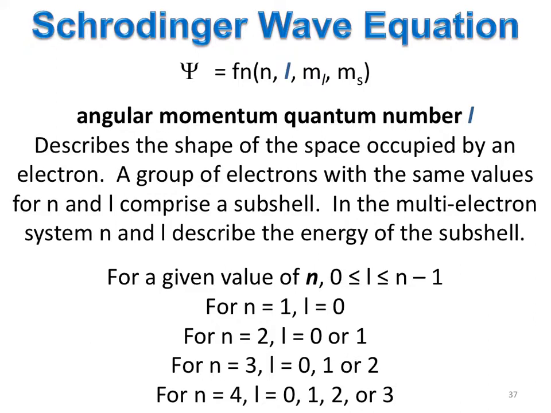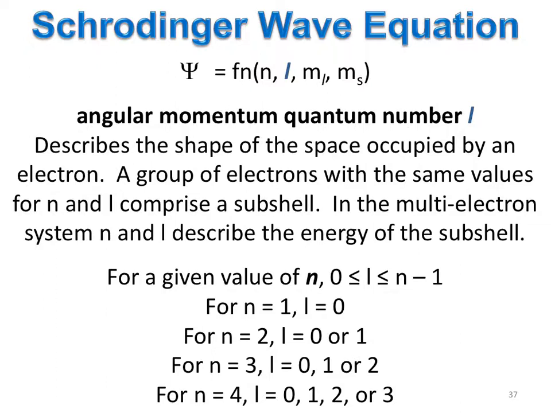For any given value of the principal quantum number, the angular momentum quantum number will have any value starting at 0 going up to 1 less than the value of n. So for example, when n equals 1, the first shell, the value of the angular momentum quantum number can only be 0.